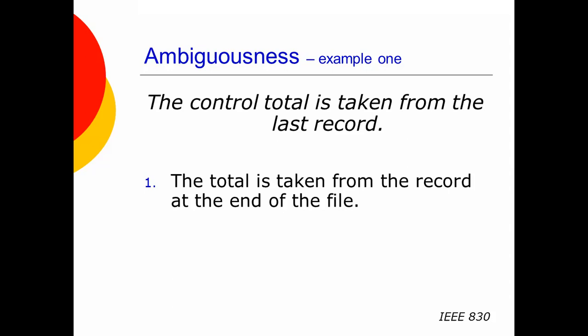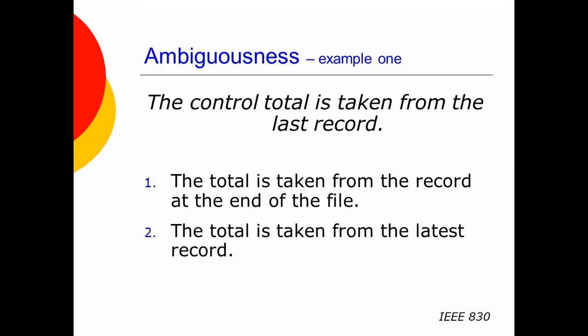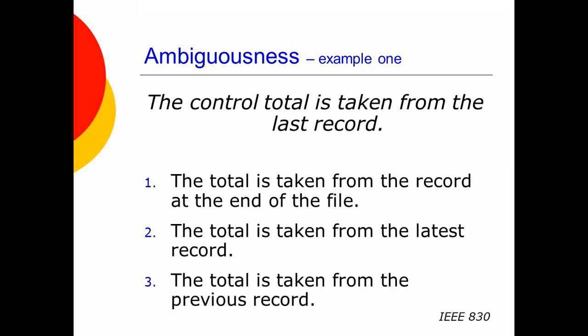If you are just choosing from the last record, the total is taken from the latest record. Third, the total is taken from the previous record. If you choose the total from the previous record, you can validate, and then the chances of error may be less.